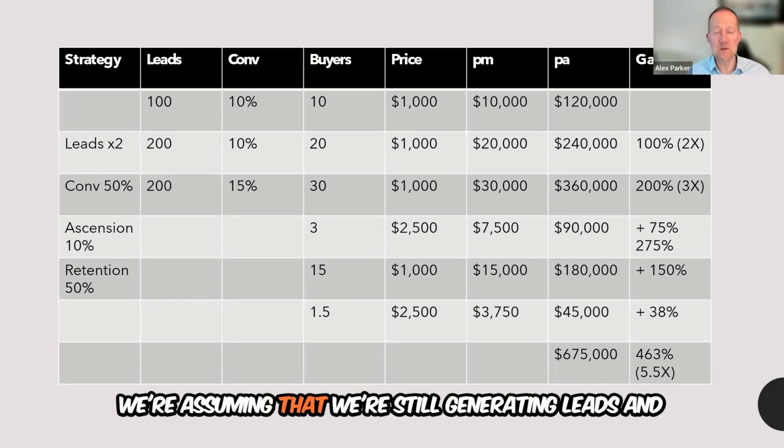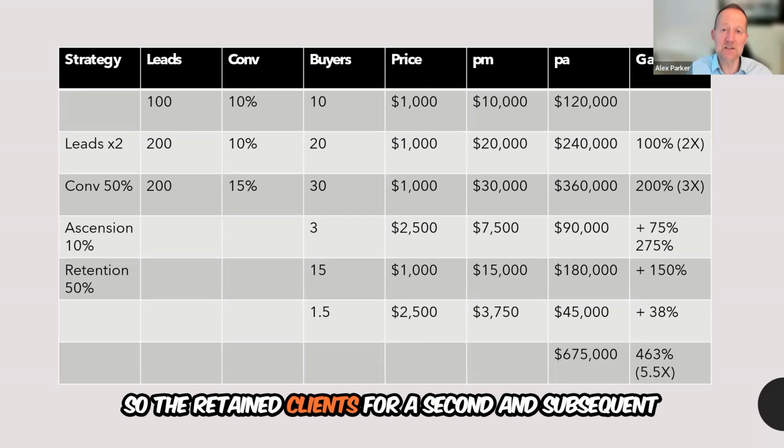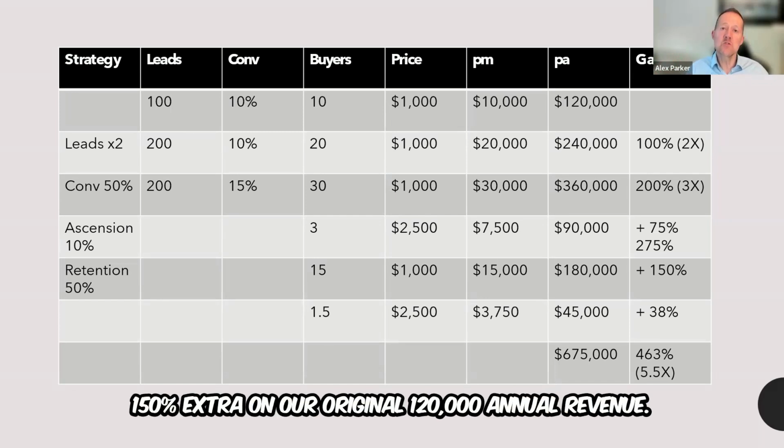We're assuming that we're still generating the original leads, creating new business. So the retained clients for a second and subsequent years gives us an extra $180,000, which is 150% extra on our original $120,000 annual revenue.